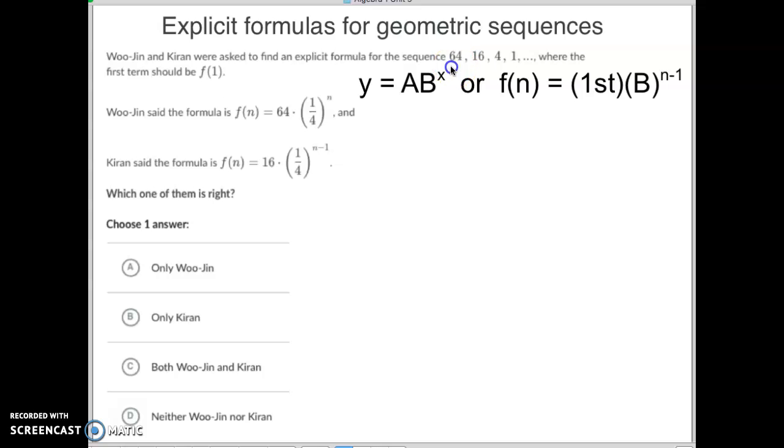Over here in the normal one, it's to the x power, unless they're using n for a variable, then it would be to the nth power. So let's get started. If we were to do this in the geometric sequence way, which I think is actually easier for this one, we simply go, what is our first term? Well, our first term in this one is 64, so we put a 64 here. Then you'll notice most of you will say that they're dividing by 4 each time, which is true, but they always want you to turn this into multiplication.